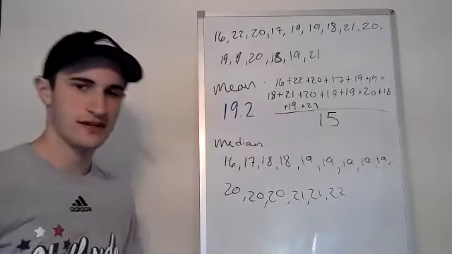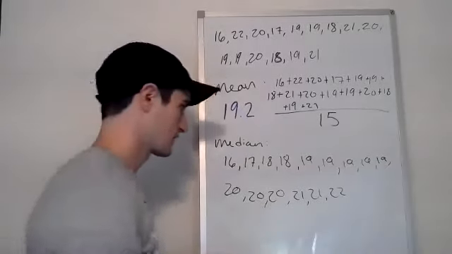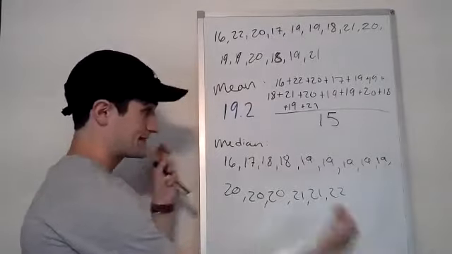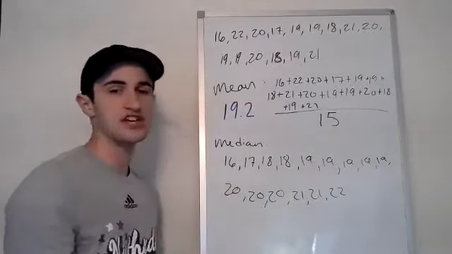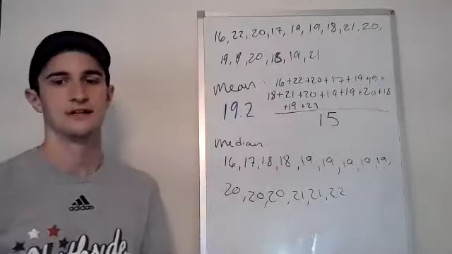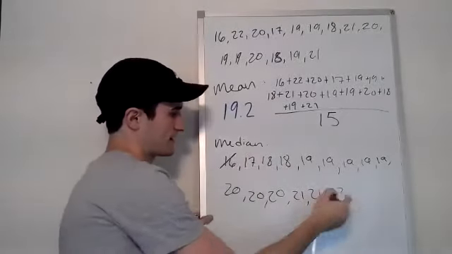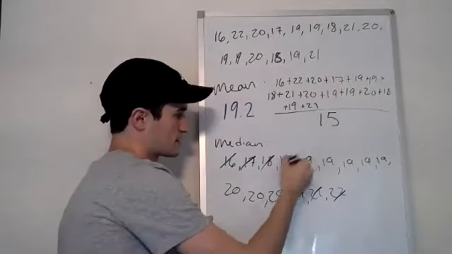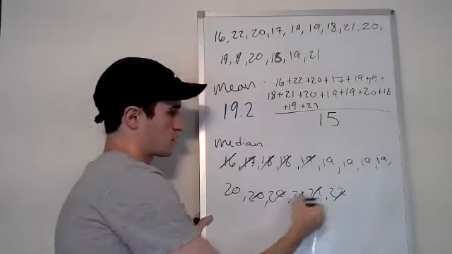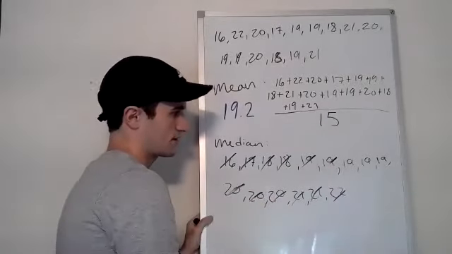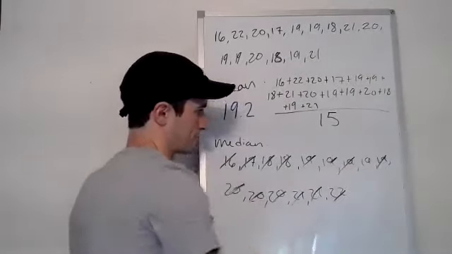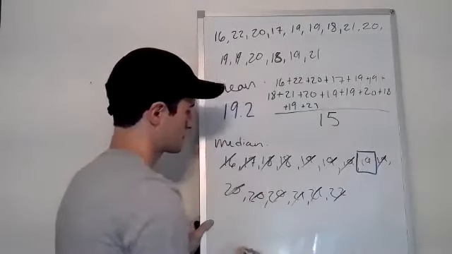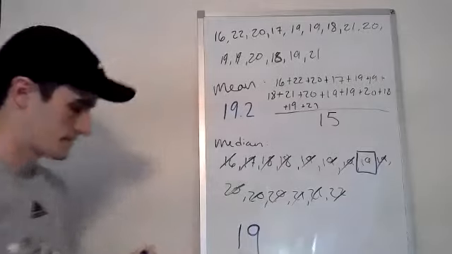If you don't have to use the data set anymore, what you can do is what I used to do when I first learned this. To find the middle, I would cross out from each end 1 at a time. So I would cross out the first and last, and again, we're trying to narrow it down until we get to the middle. You take 1 from the other side, and 1 from that side. And that leaves us with one number, and that's 19.